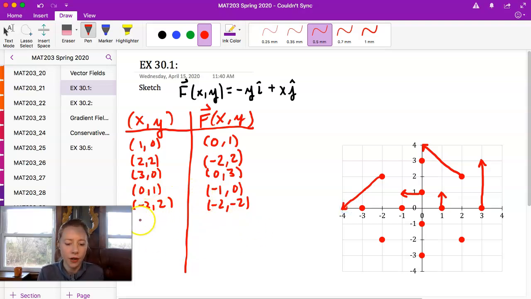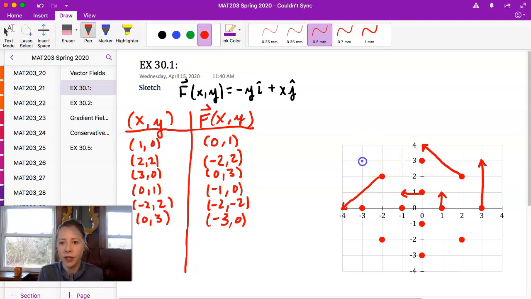And then if we do 0, 3, that's going to give us -3, 0. Going to 0, 3, we are going to go 1, 2, 3 to the left and 0.